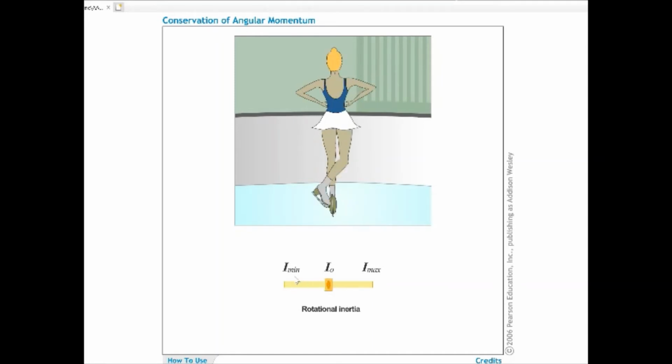If we have her pull her arms in all the way to reduce her rotational inertia as small as possible, we see that her angular velocity gets much larger. So this spinning motion that we see from figure skaters as they change the positions of their arms and legs is a consequence of the law of conservation of angular momentum.